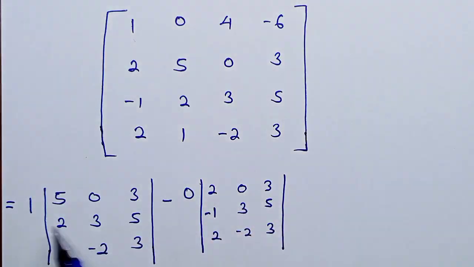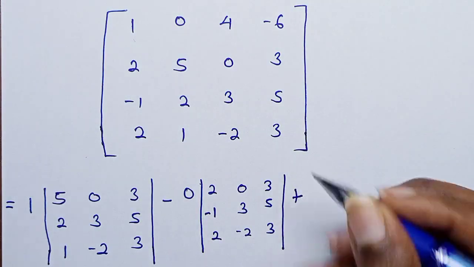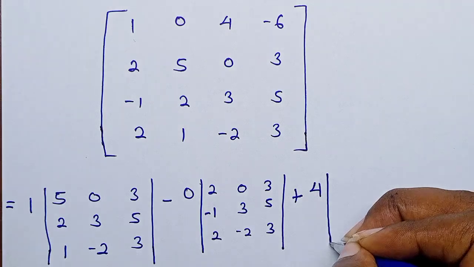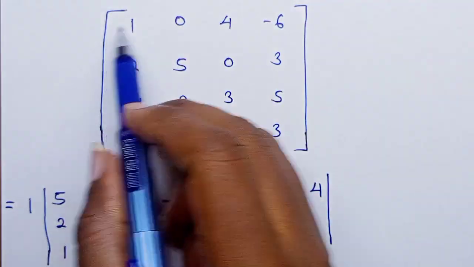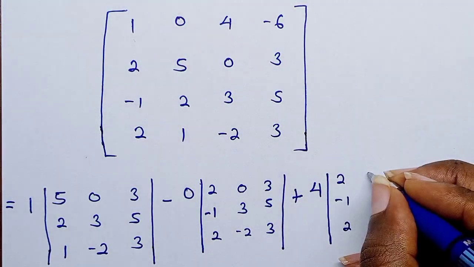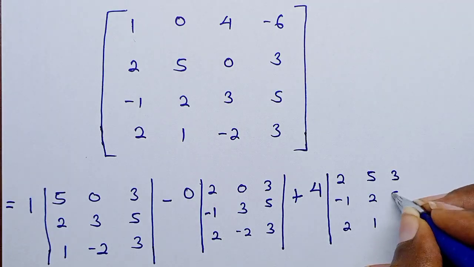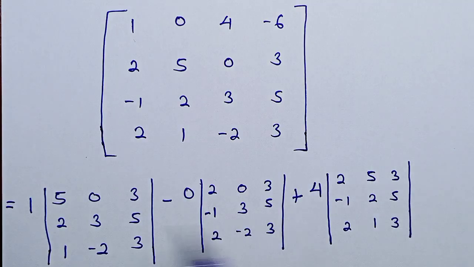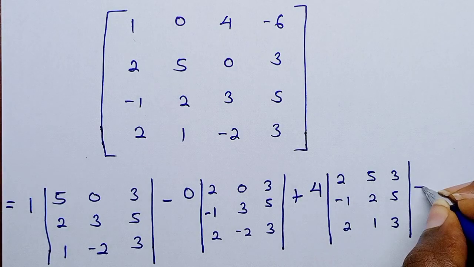Then this is plus, this is minus, then plus. Now we are looking at 4 times the determinant of its minor. When you cancel out the column and row for 4, you'll be left with 2, -1, 2, 5, 2, 1, and 3, 5, 3.